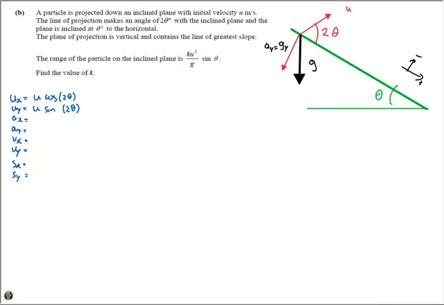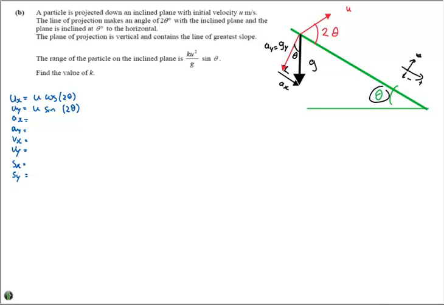And then we also have a vector perpendicular to the plane here, which would be a in the x direction. This angle here is theta, it's the same as this angle. So if you just use this right angle triangle, you'll see that in the y direction it'll be negative.